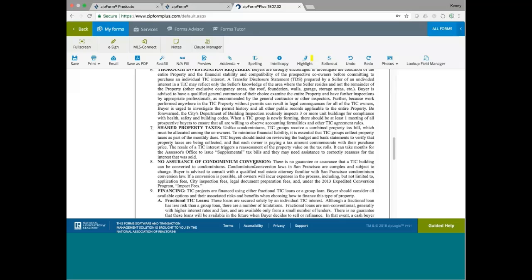Plus, as you know, in San Francisco, in order to convert into condominium, they have what they call a waiting time. You have to wait for years and years because too many people apply for condo conversion.